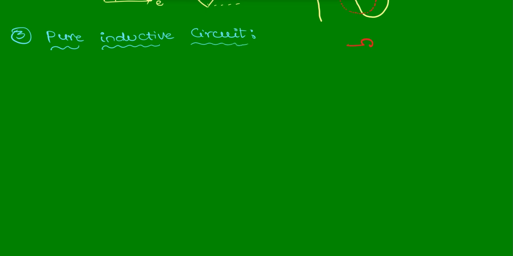If you are given like this, there is an inductor connected to an external AC source like this. Then the induced EMF developed in the inductor we can write as E is equal to L di by dt, where L is the self-inductance of the inductor, and E is the applied voltage.